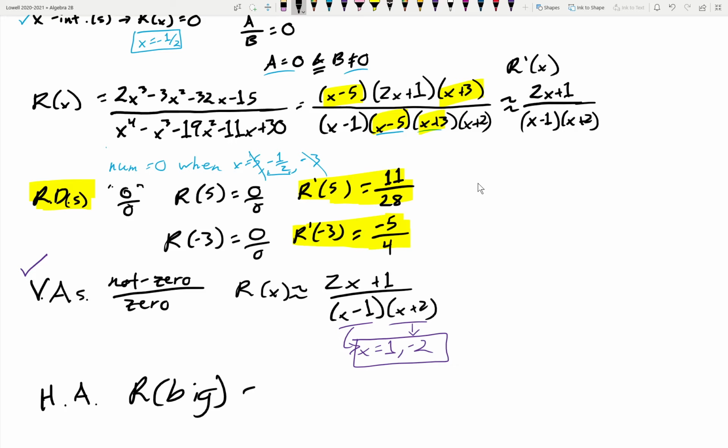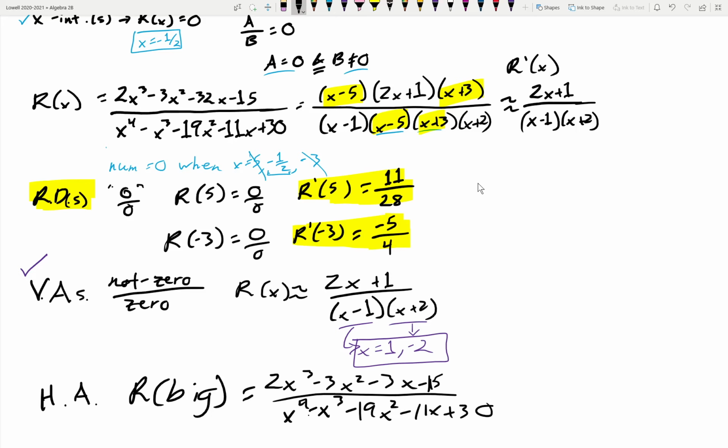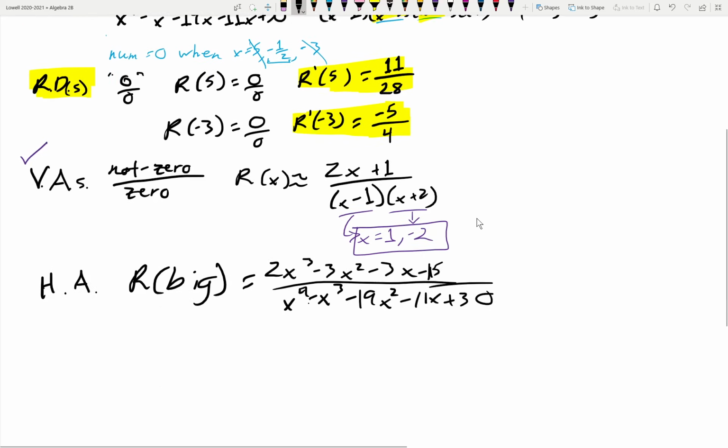So if I plug in a big number here, our function is a cubic over a quartic. I'm going to have 2x cubed minus 3x squared minus 32x minus 15 over this quartic here. And this is what I was trying to say in the last video: when x is really big, these components don't really matter.